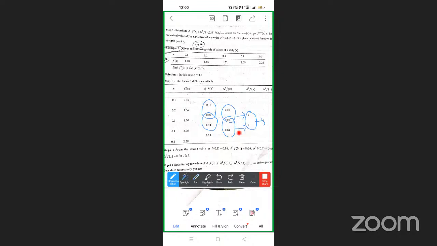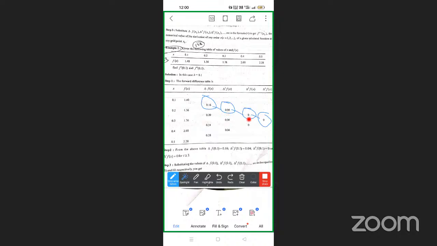In the forward difference formula, we take delta f, delta square, delta cube, delta power 4. Delta f of x is this one, 0.16. Next, delta square f of x is 0.04.